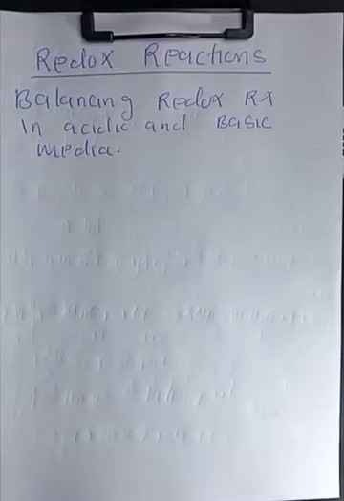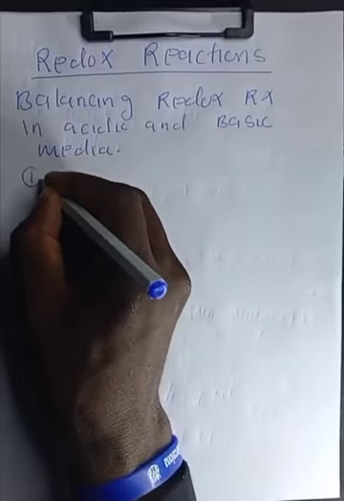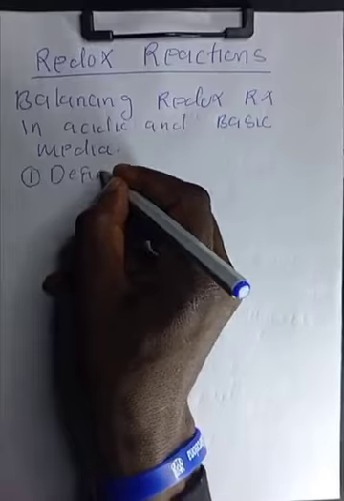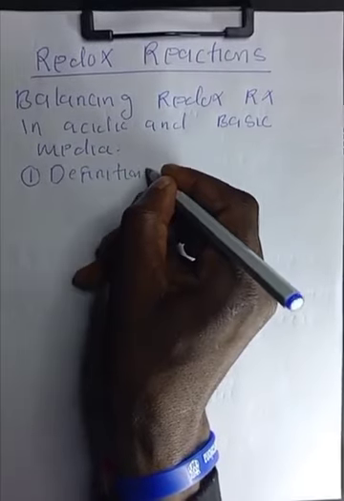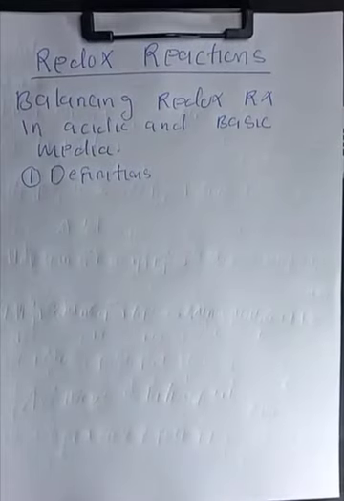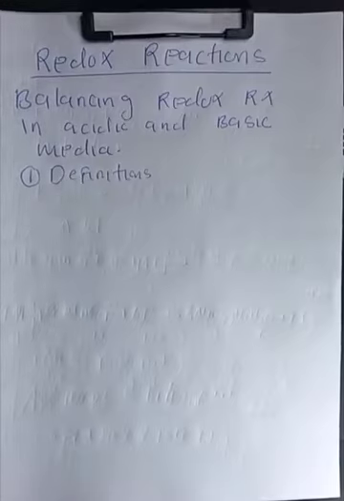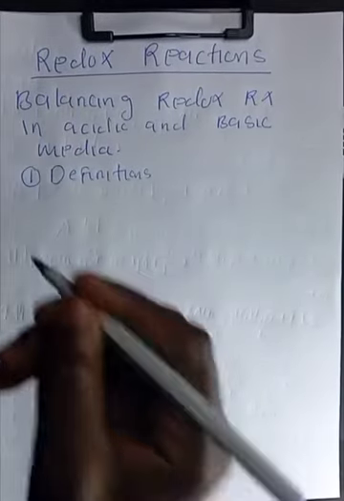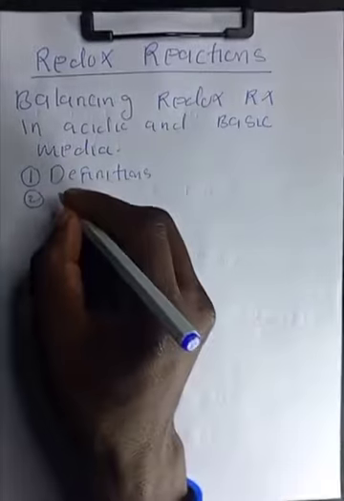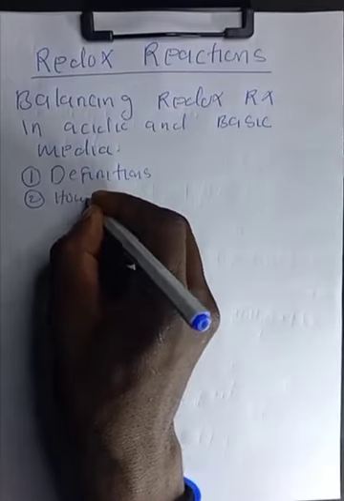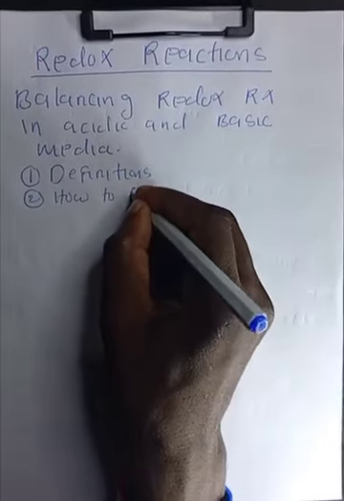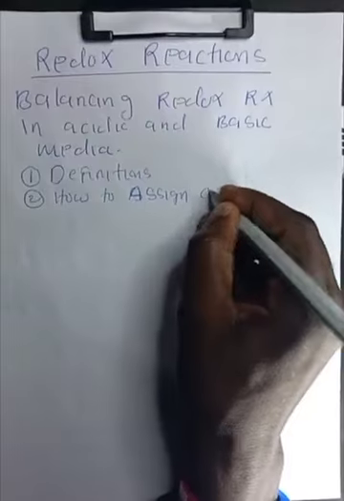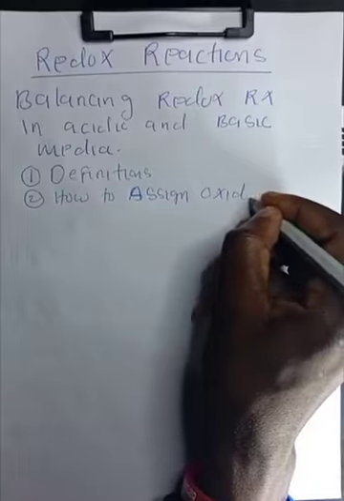From that, we covered the definitions of redox, oxidation and reduction reactions. Then we did how to assign oxidation numbers.